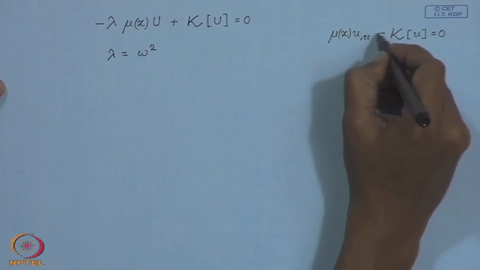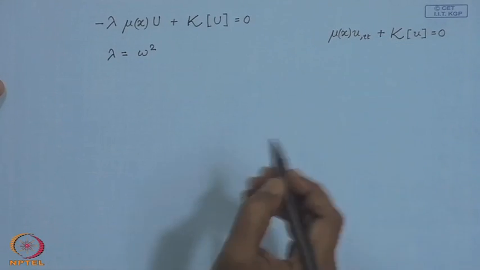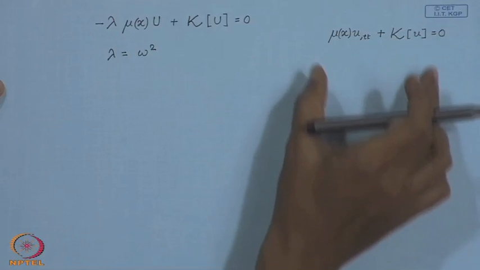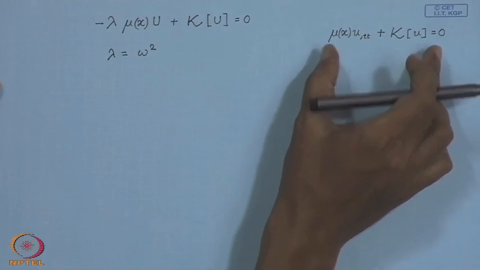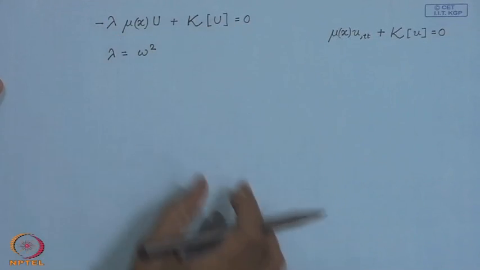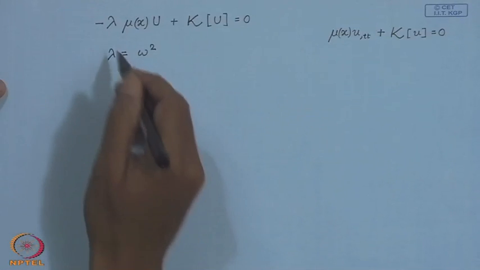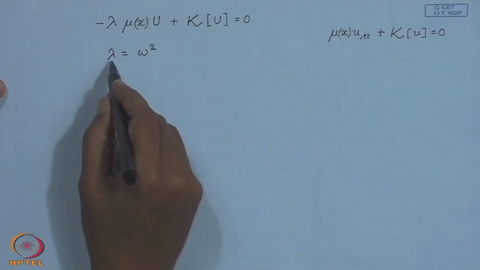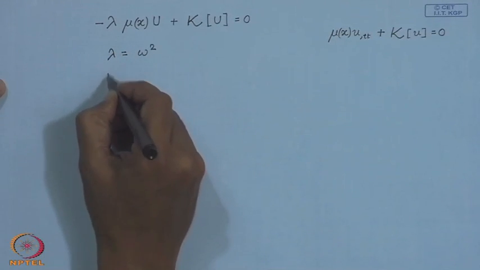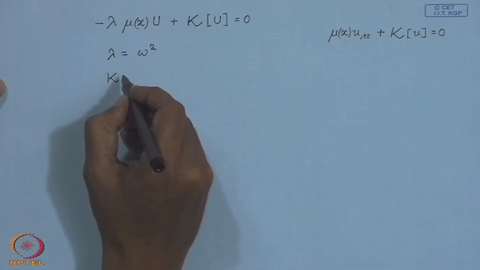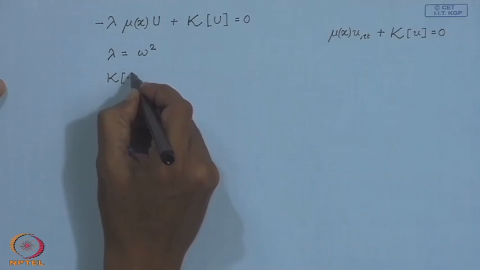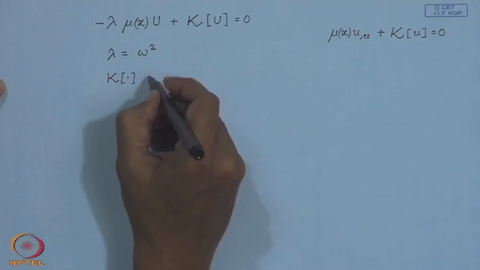So, this is the differential equation, and the corresponding differential equation for the eigenvalue problem is given in this form, where lambda is omega square and this k is a differential operator.